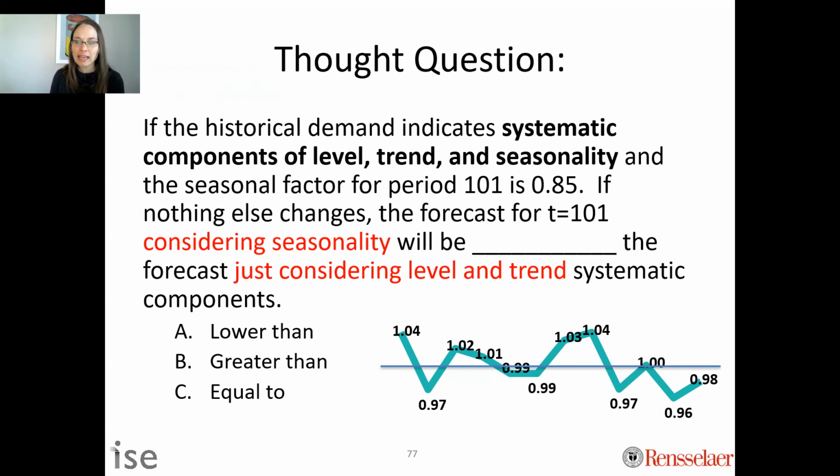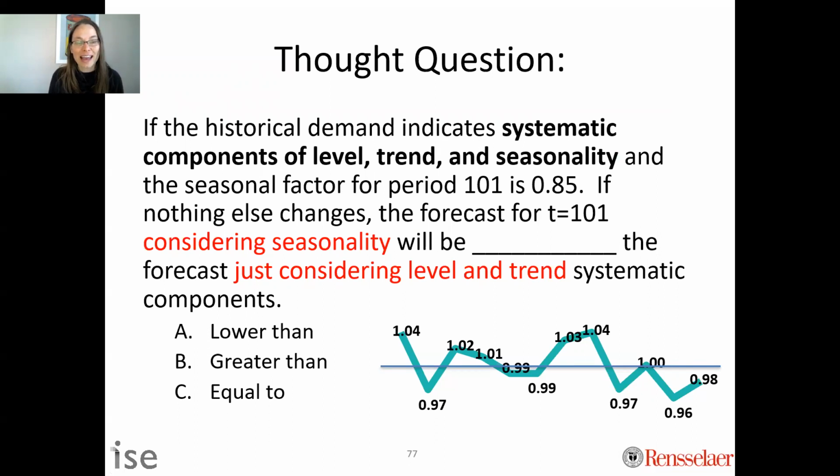So this question basically asks: if I consider the seasonal aspect, which for this one is 0.85 as our seasonal index, will you get a forecast that's bigger, smaller, or the same as if I didn't have that seasonal component?